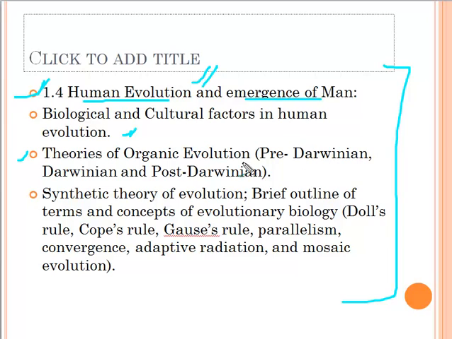And theories of organic evolution: pre-Darwinian, Darwinian and post-Darwinian. Organic means living, so this is the theory of how living beings have evolved. Before Darwin, one major theory is that of Lamarck. Lamarckism is a very important and very easy theory.